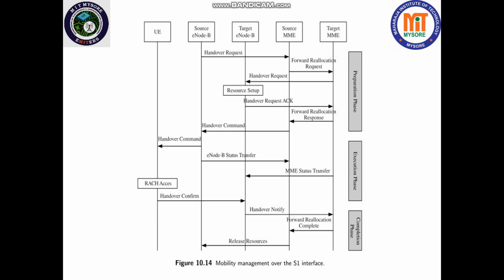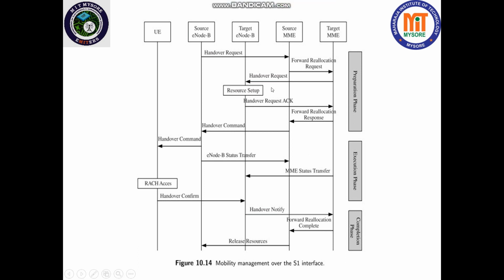That means the radio resources used before the handover request have to be freed so that others can use them, right? So that is done in the completion phase, where all the resources used by the source eNodeB will be asked to be released, which are not being used by this particular user equipment. So this completes the S1 interface.